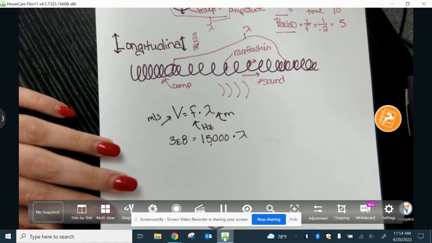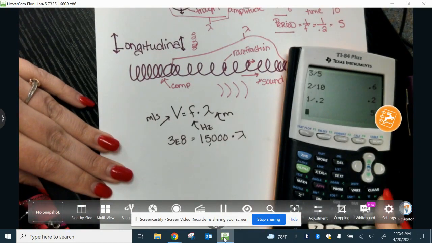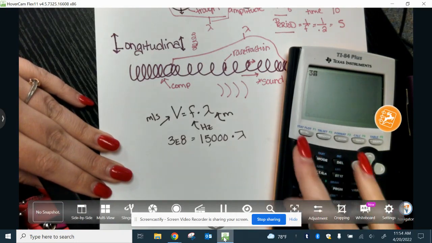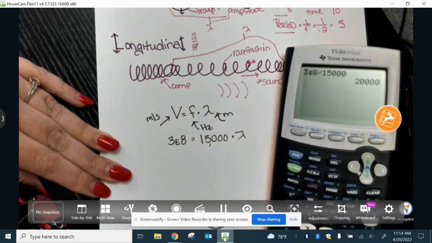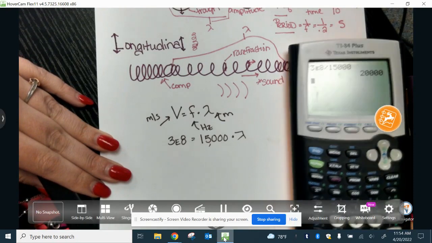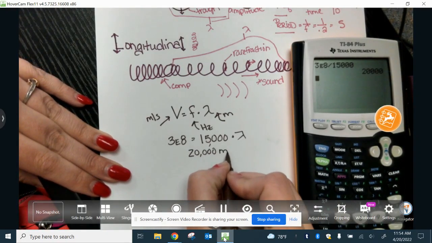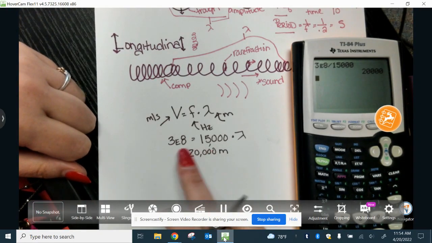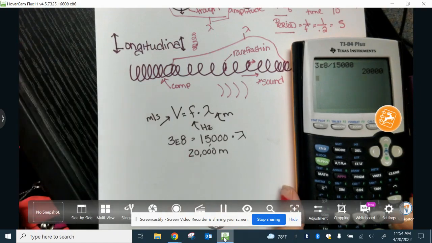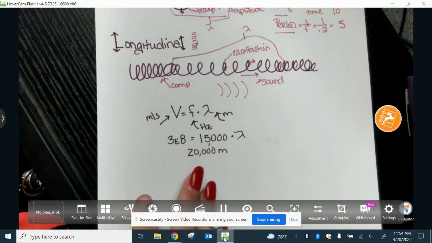Find the wavelength, and I'm making these numbers up, but you would go 3 times 10 to the 8th divided by 15,000, would be 20,000 meters, which is a crazy big number, but that's because that's a very small frequency for such a big velocity. Again, this is just a consequence of me making it up for the sake of examples.